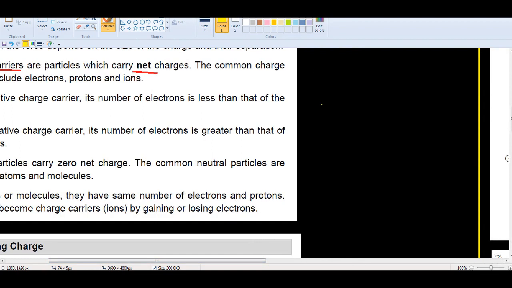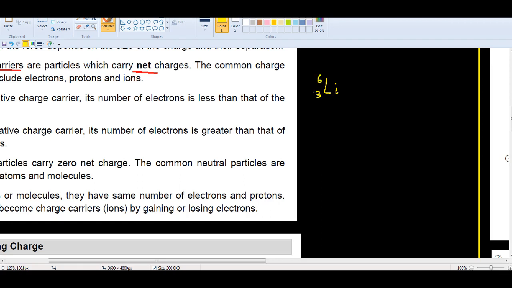Let me make an easier example: lithium. Lithium has 3 protons and normally 3 neutrons.